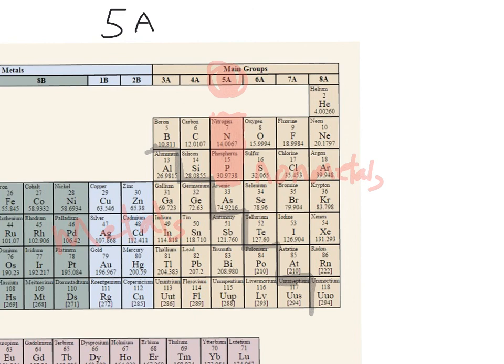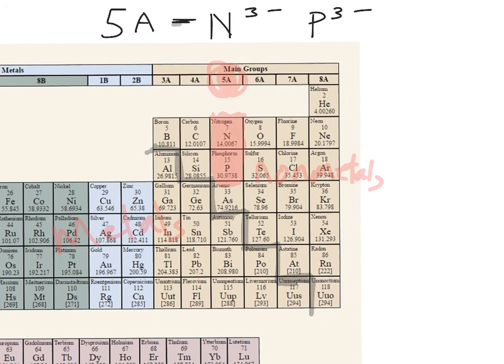Nitrogen and phosphorus have 5 valence electrons. The easiest thing for them to do to get to 8 when they form ions is to gain 3, meaning that nitrogen and phosphorus will form -3 anions.